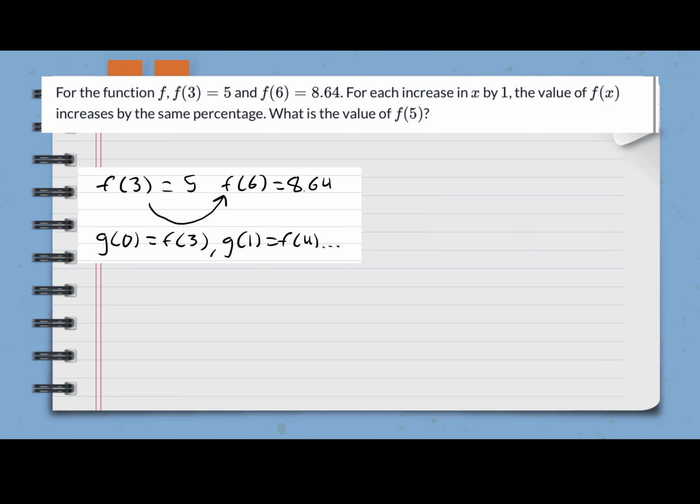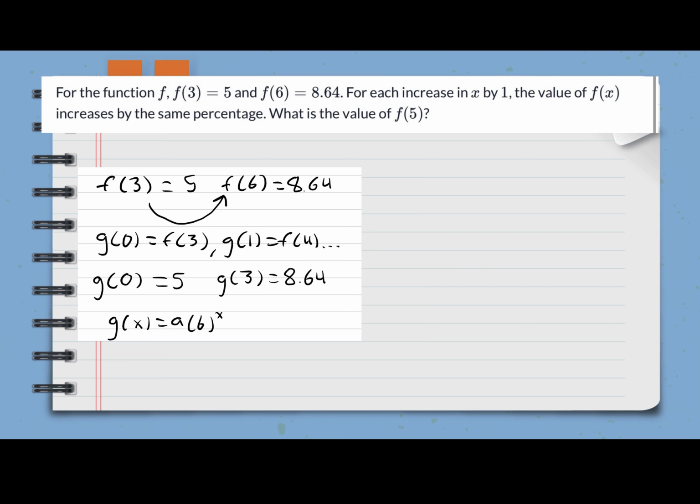And then we can use the exponential growth rate formula, which is g of x equals a times b to the x power. And then you can just plug in the numbers that were given. So x is 3, f of 3 equals 5, aka y equals 5, which is a in this case. And then that will equal 8.64. So you solve for b, you get b cubed equals 1.728.